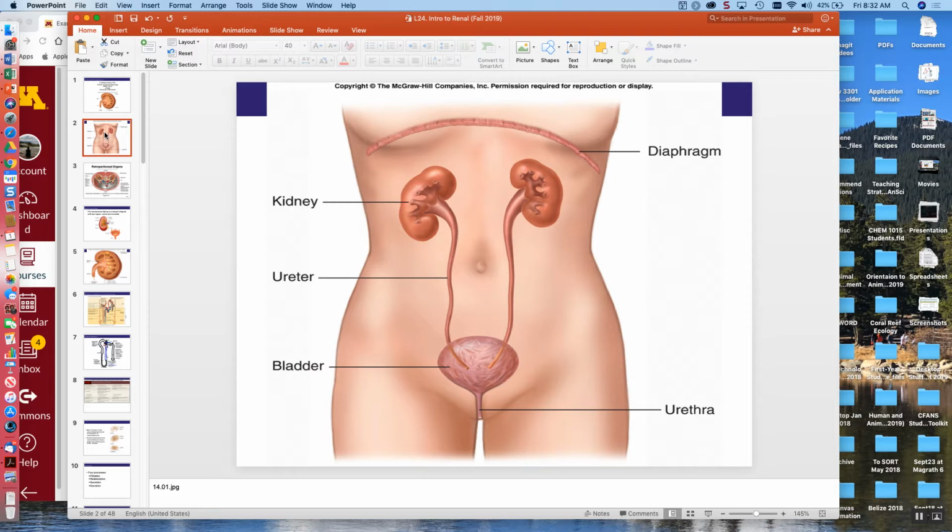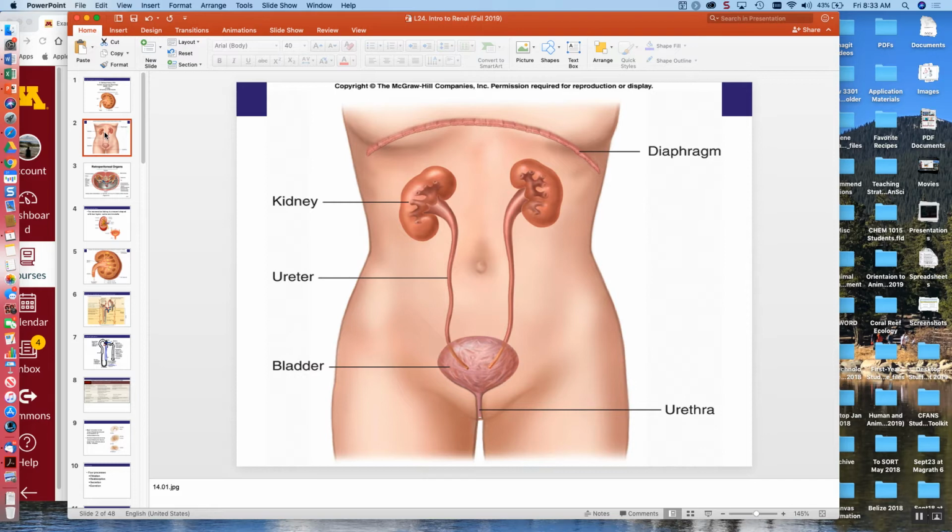What do the kidneys do? Filters the blood. That's right. The main function of the kidneys is to filter blood, but the reason why it filters blood is that it's actually regulating your blood ion concentration and water. So ion-water balance is a big part of what the kidney does.